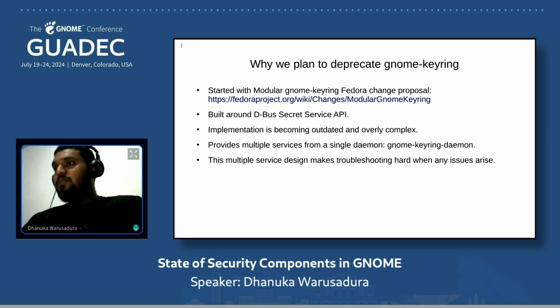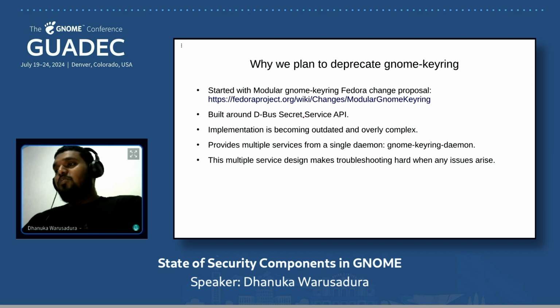I really want to talk to you about why we plan to deprecate gnome-keyring. So this whole thing started with the modular gnome-keyring Fedora change proposal created by Daiki Ueno and other folks at Red Hat. So the plan is to reduce the tasks managed by gnome-keyring and fully deprecate it.